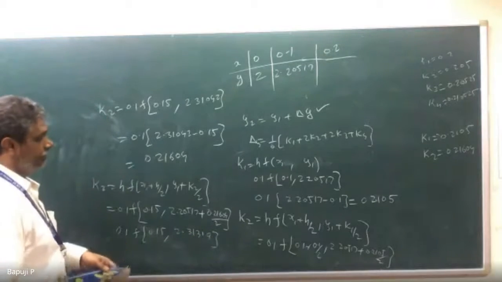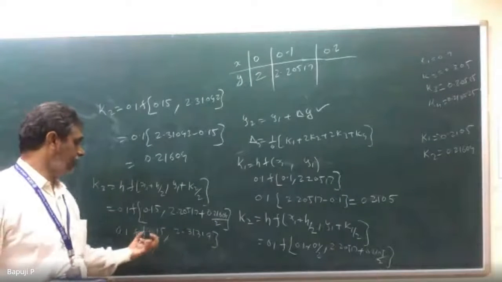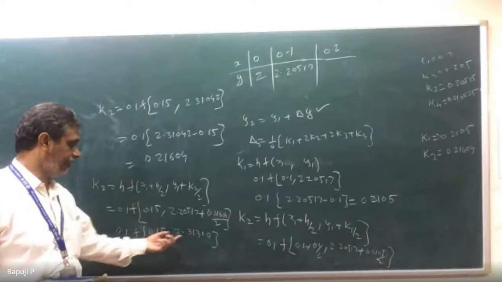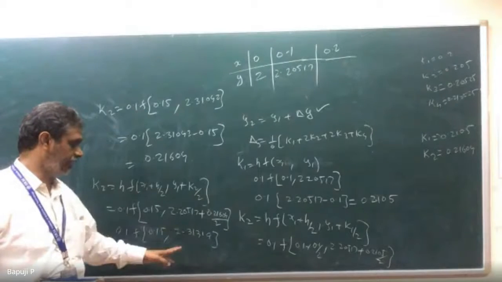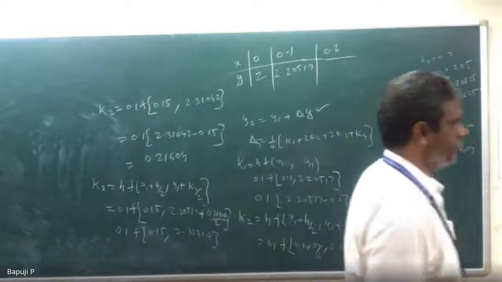See, 2.2051 plus this value actually. Still I am not substituting this. I written as f of x comma y only. What is my f of x y? Y minus x. Just you can substitute it there.